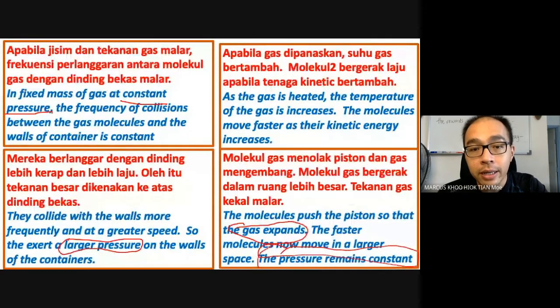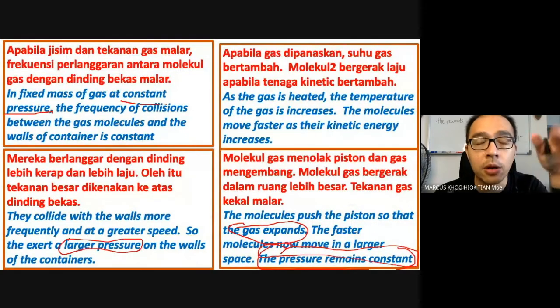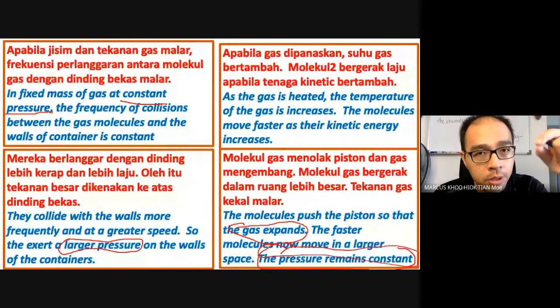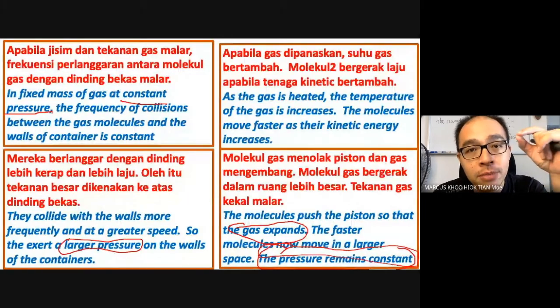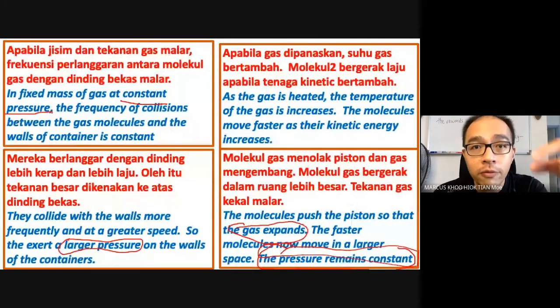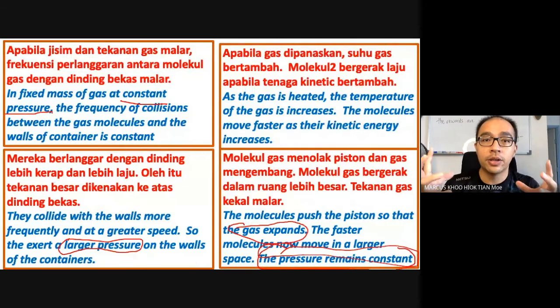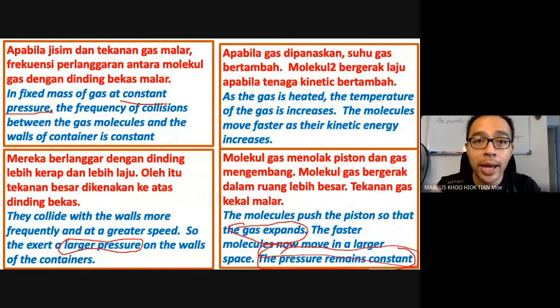So the idea for Charles' law, and this is probably the one that will be very confusing with the next law. We will not look into the next law today. We'll look at only Charles' law today. But the important thing about Charles' law is the pressure must be constant. So in order for the pressure to be constant, the volume has to increase. Just like a balloon. If let's say you blow air into the balloon, so the balloon is a certain size.